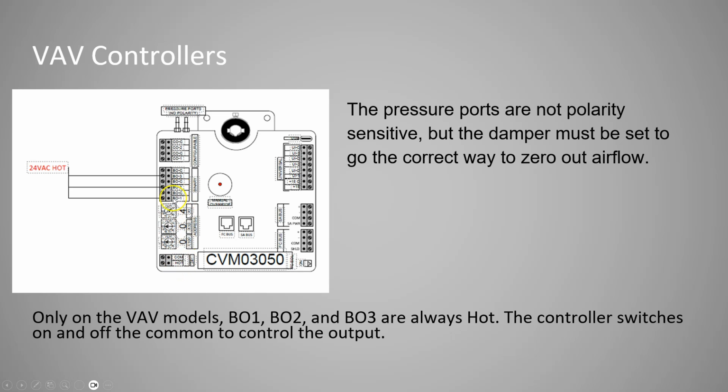You're going to have to rewire that to land on the hot, so you feed out the hot as the common to that contactor, and that allows you to turn it on and off with the common that is going to fire out of BO1, okay? So always remember on these Johnson Controls VAV controllers, BO1, BO2, BO3 always fire out 24 hot as soon as they're powered up.